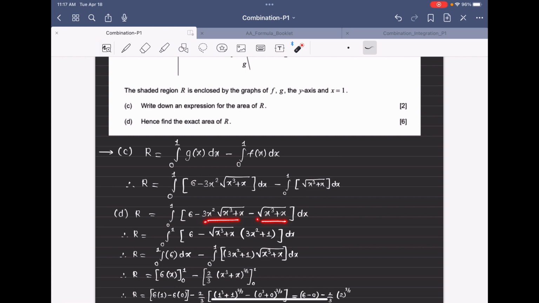If I take that common, here it is left only 3x square, and here it is left plus 1, because I'm taking minus 1 common. Now separate this: integration of 6 dx from 0 to 1, and integration from 0 to 1 of (3x square plus 1) times root of x cube plus x as it is.